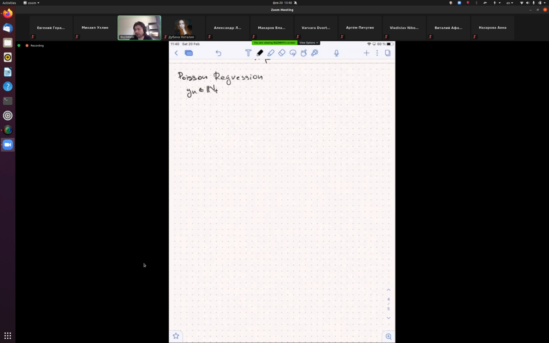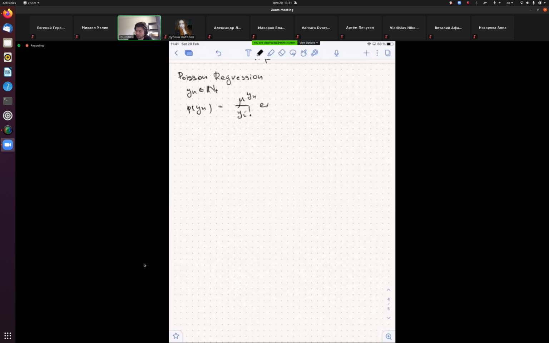Okay, so let me write it. The density is very simple. What we would like to do is say that the more we observe, the less probability in some sense.